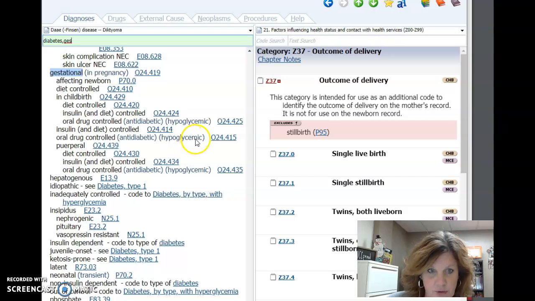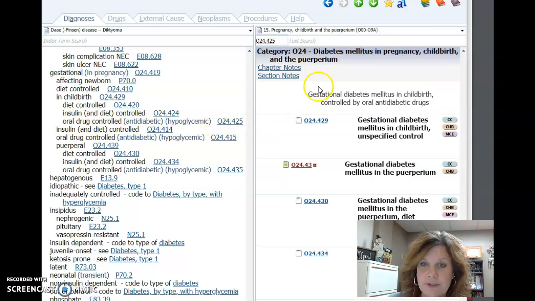That's important. We need to make sure we get into that right area. So I'm looking at O24.425, oral drug controlled. That is going to be my principal diagnosis, because really everything else, spontaneous delivery, went great.